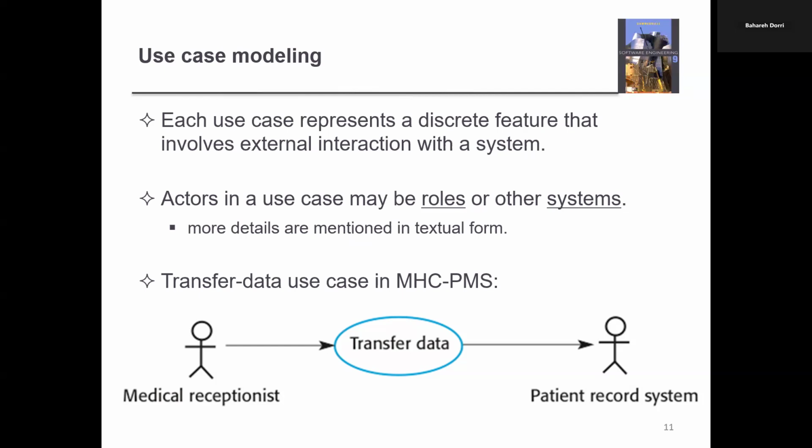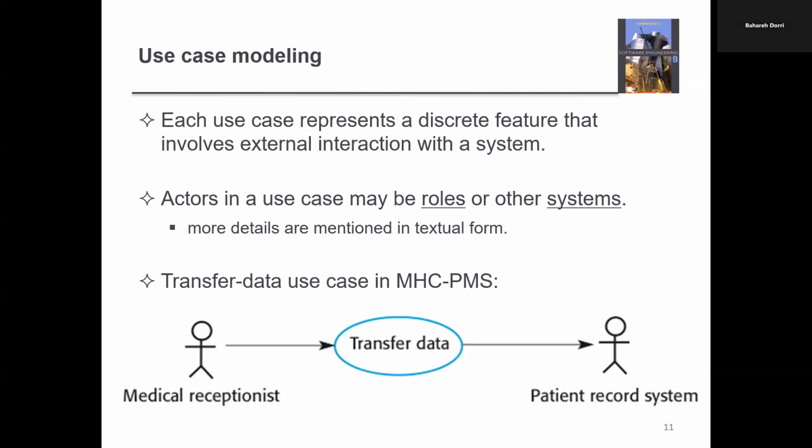Now, when we talk about actors in a use case, we are not just talking about people. An actor can be a role like doctor or receptionist, or it could be another system that interacts with our system. For instance, if the MHC PMS system connects to a statistics system, that external system might also be considered an actor.